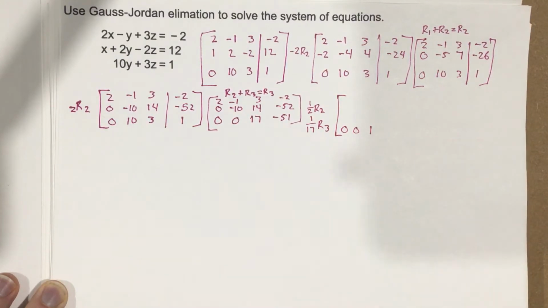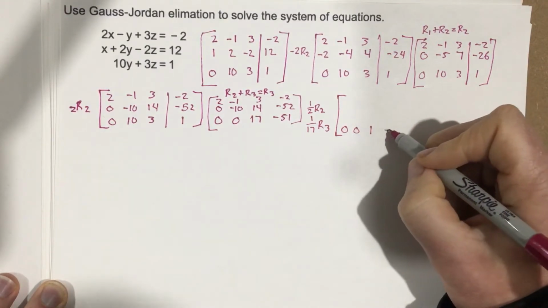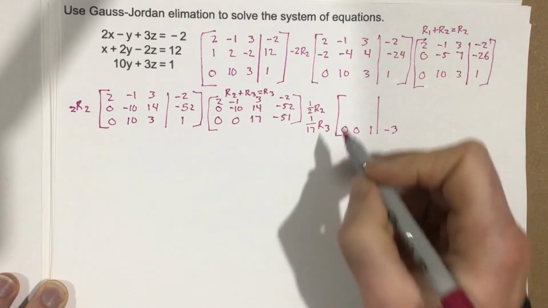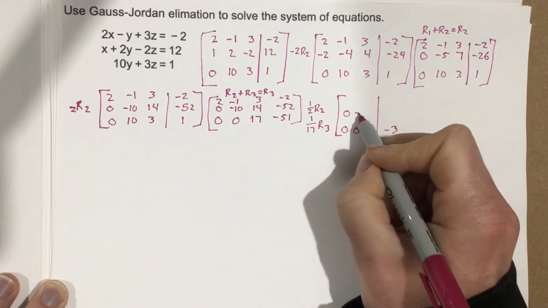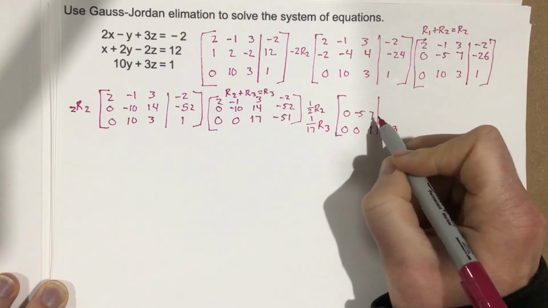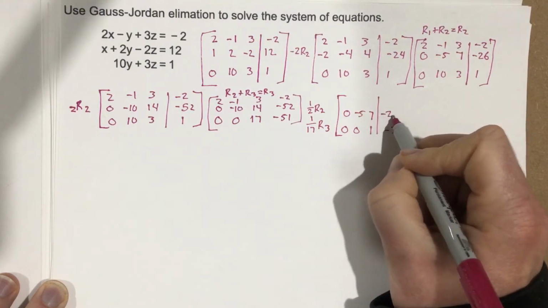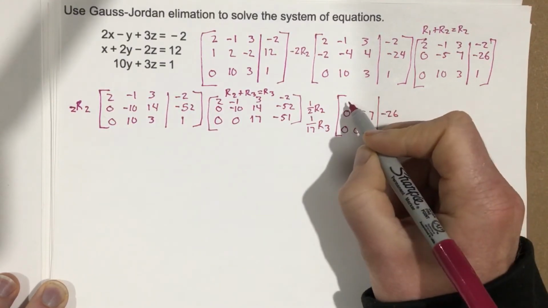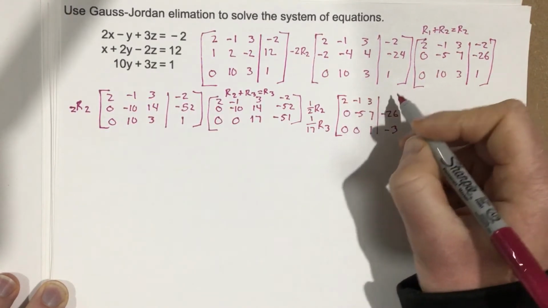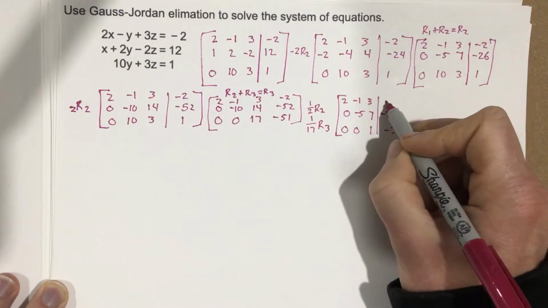How many times does 17 go into -51? It does go in there 3 times, so it's -3 here. This is 0, -5, 7, and -26. And we want this to be 2, -1, 3, -2.